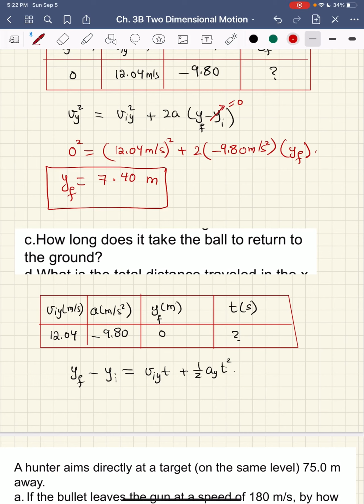This one here is 0, and that one is 0 as well. Then I will say 0 equals 12.04 t plus 1/2 times negative 9.8 times t squared.